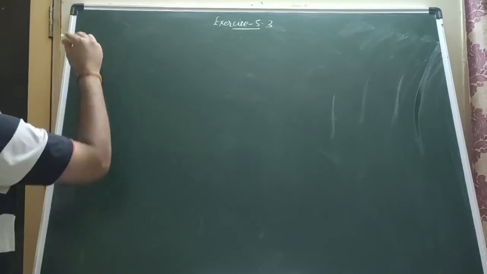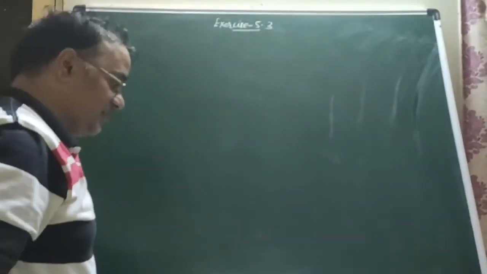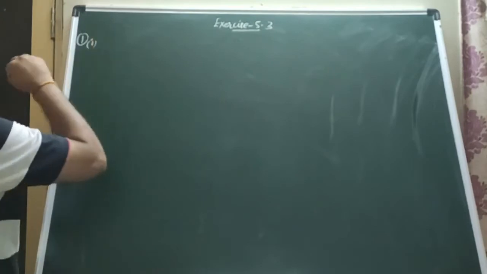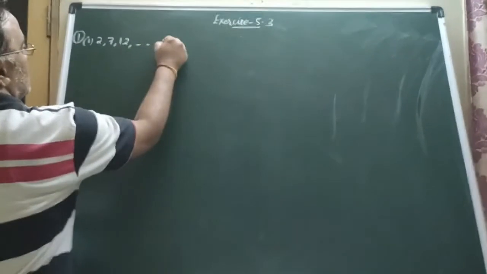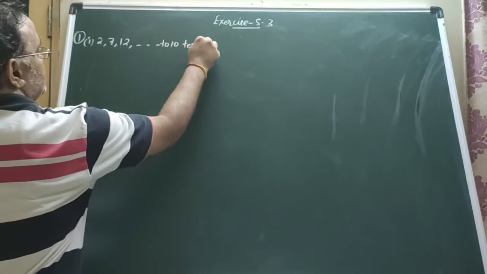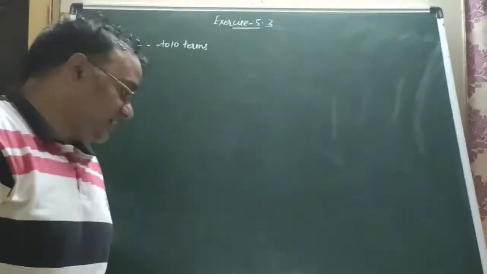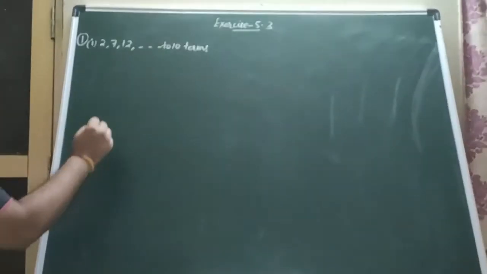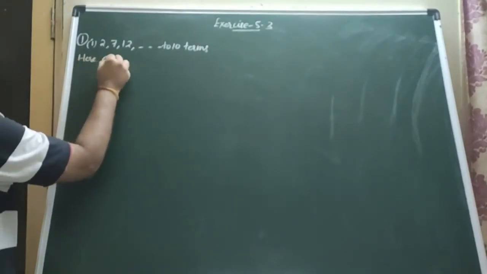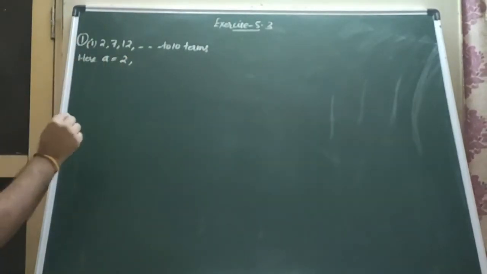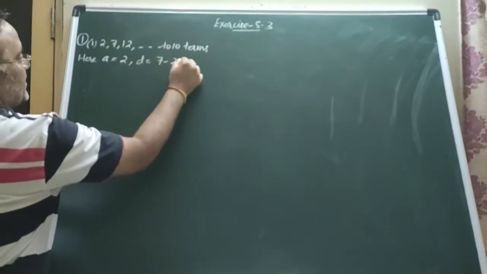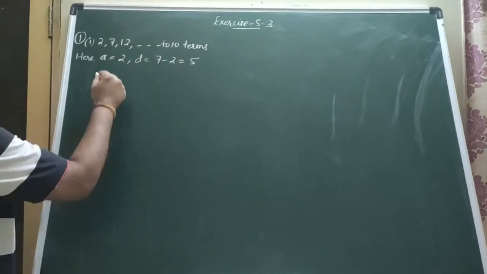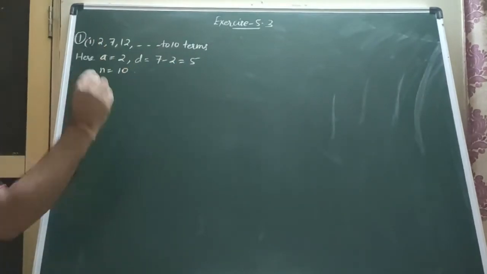Exercise 5.3, question number 1. क्वेश्चन नंबर 1 में 4 बिट्स है. We'll do the first bit first. 2, 7, 12, so on up to 10 terms. We need to find the sum of the following APs. Okay, so here the value of the first term is 2 and the common difference is second term minus first term, that is 7 minus 2 is equals to 5. Okay, and n is equals to 10.